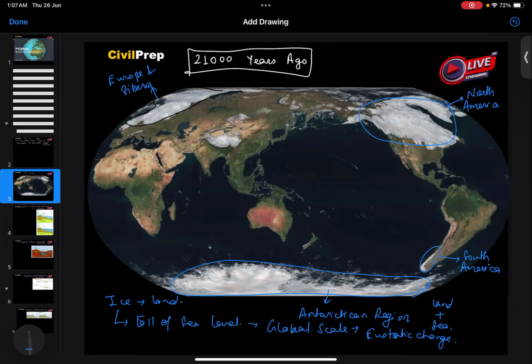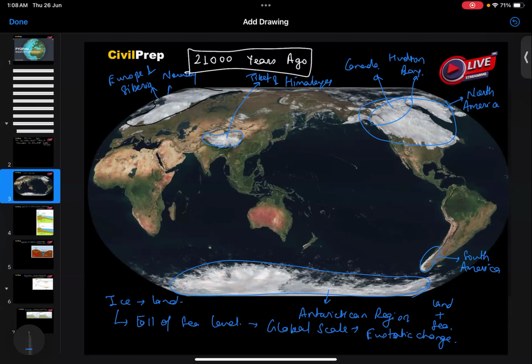Here we have numerous examples. For example, Norway. Then here we have Hudson Bay, the region of Canada, etc. Here we also see that the region of Tibet and Himalayas is completely covered under ice.